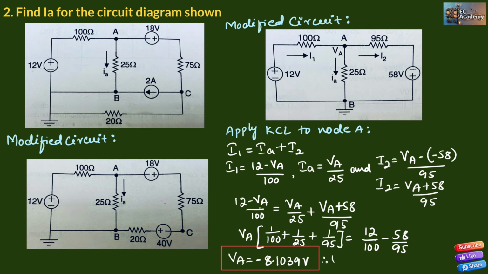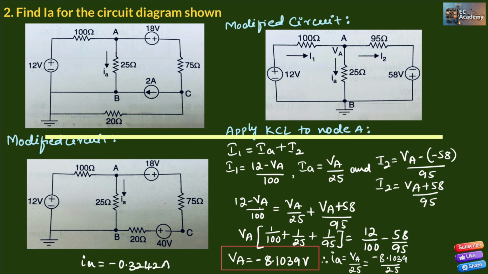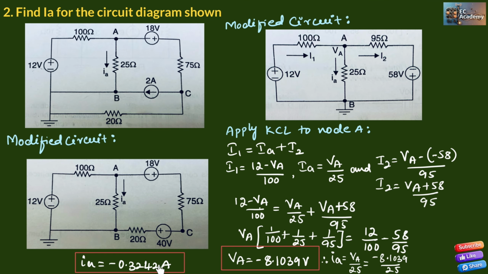So this will be equal to minus 8.1039 divided by 25. If we simplify this term, we'll get IA is equal to minus 0.3242 amperes. So this is the value of IA for the given problem.